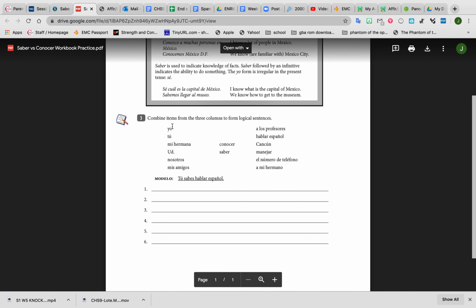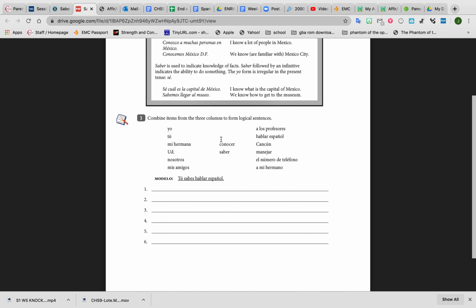So if I want to say I'm familiar with Cancun, I'm going to do number 1, yo conozco Cancún. Okay, because that's a place, so I'm familiar with it. But if I want to say I know the telephone number, I'm going to use saber because that's knowing information. Yo sé el número de teléfono. So if it's a person like the teachers or my brother, or a place like Cancun, use conocer.